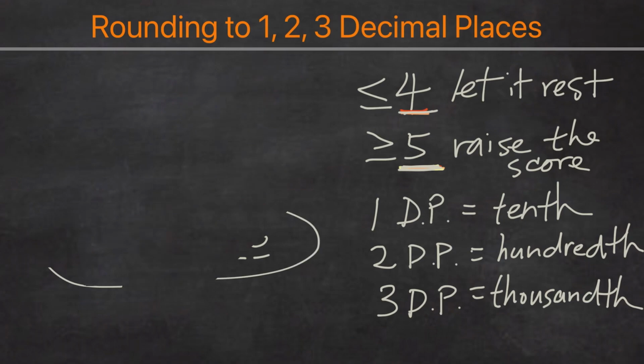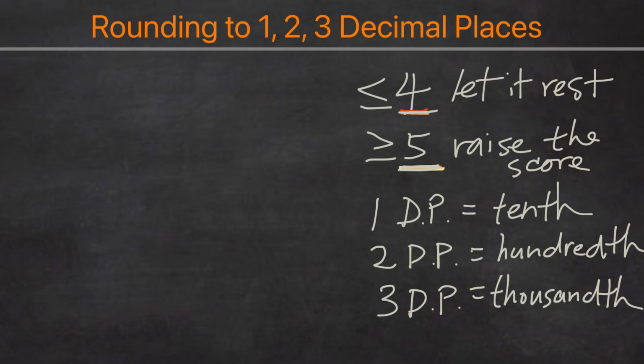Alright, so now we're going to get to our quiz question. I'm going to erase the notes to the right. So make sure that you memorize the rule of rounding. 4 or less, let it rest. 5 or more, raise the score.